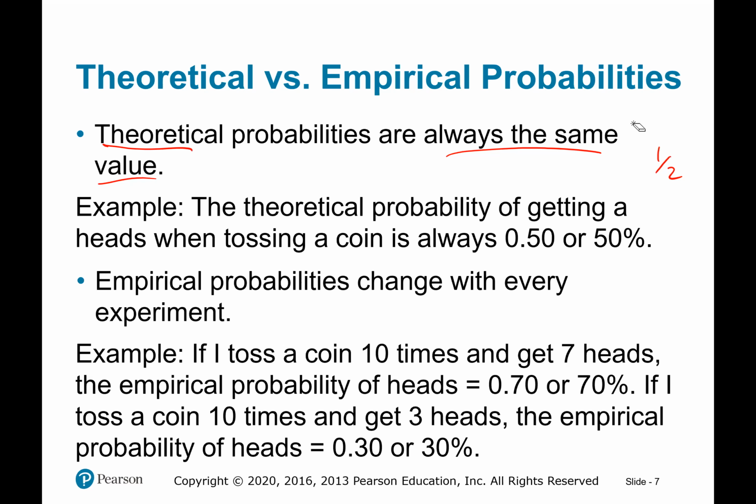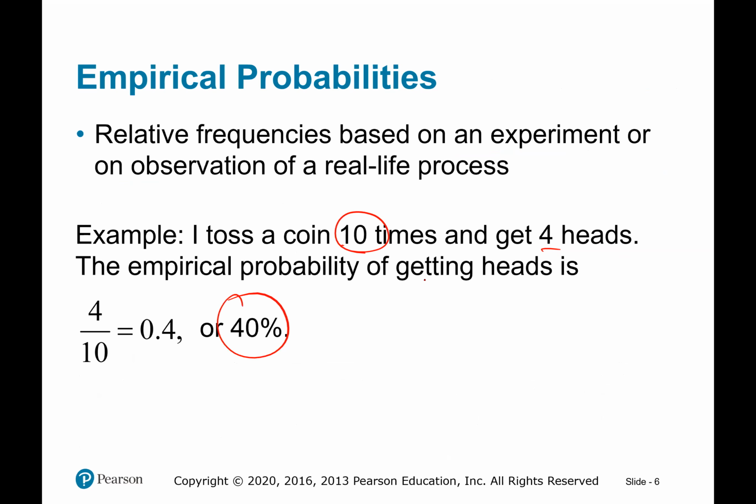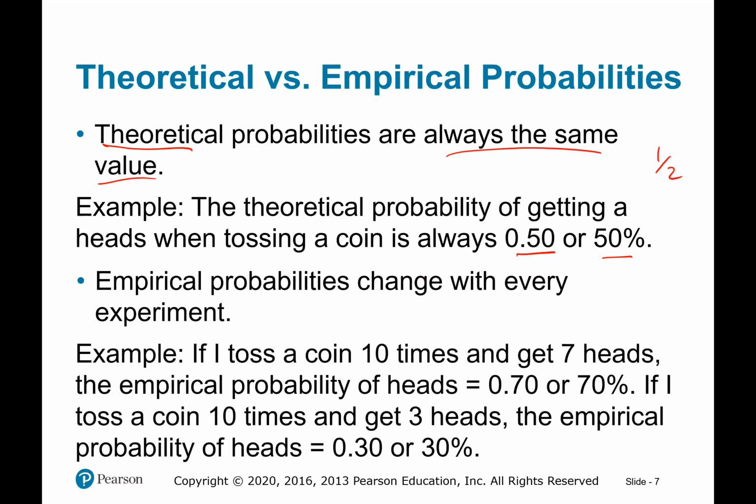Here's an example. The theoretical probability of getting a head when tossing a coin is always 0.5 or 50%. The empirical probability will change with every experiment. In the first experiment, if I toss 10 times and get 4 heads, the probability of heads is 0.4, or 40%.